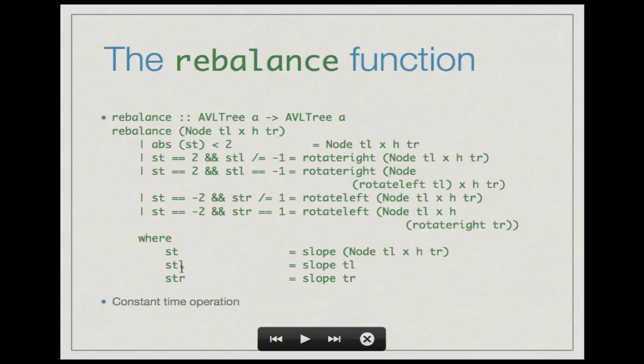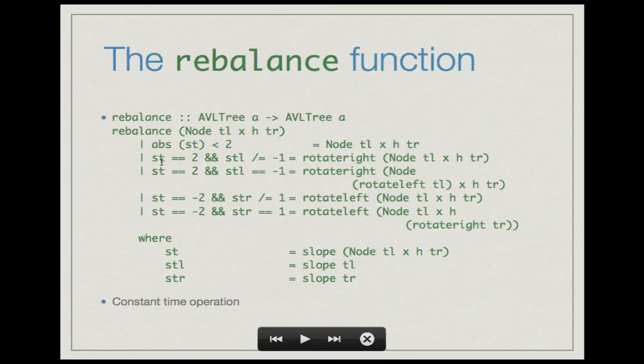Just for reference, STL is the slope of the left subtree TL. STR is the slope of the right subtree TR. So, in the case where the absolute value of ST is less than 2, which means that ST is either minus 1 or 0 or 1, then you just return the tree as it is.